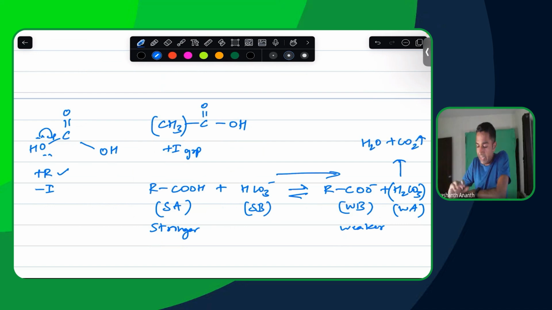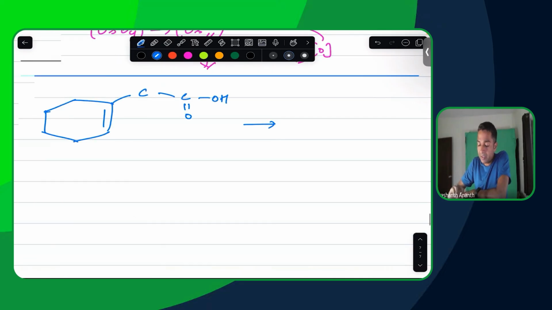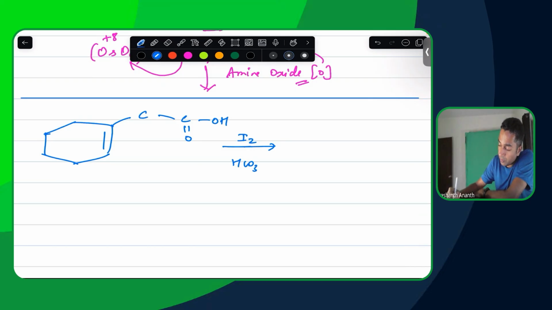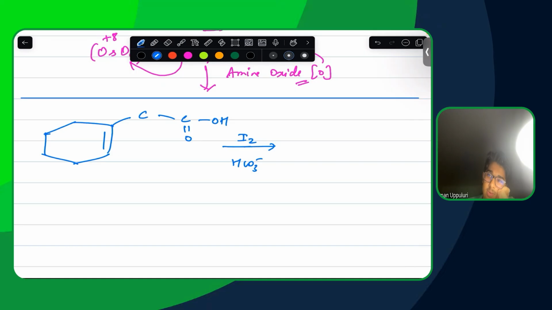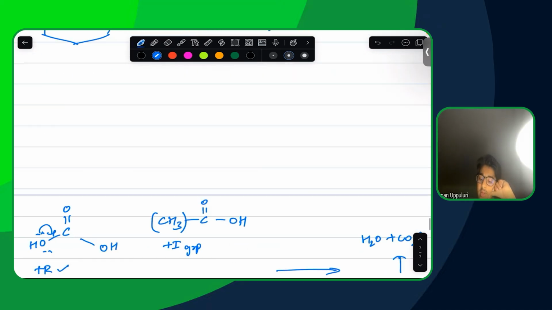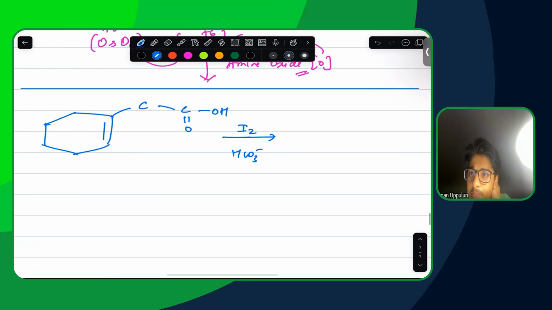That means in this particular case, go back to the reaction here. If I'm going to be hitting this with I2 in the presence of HCO3 minus, what will HCO3 minus do first? It will first react with the OH, pulling the H from OH.